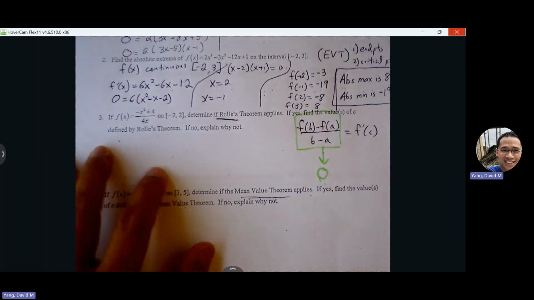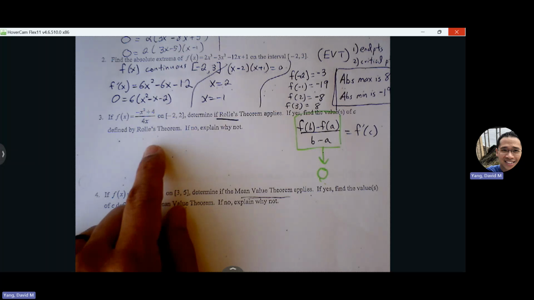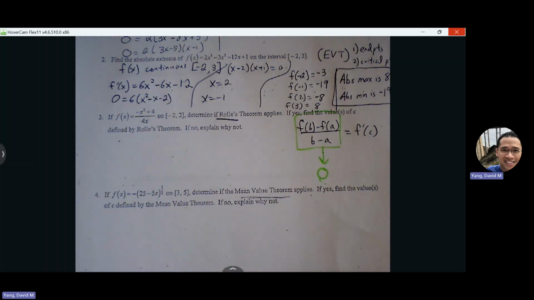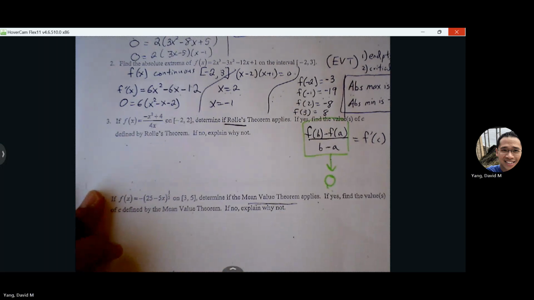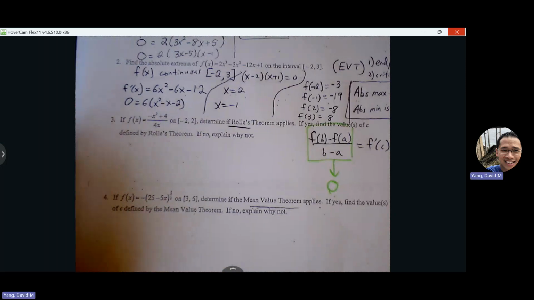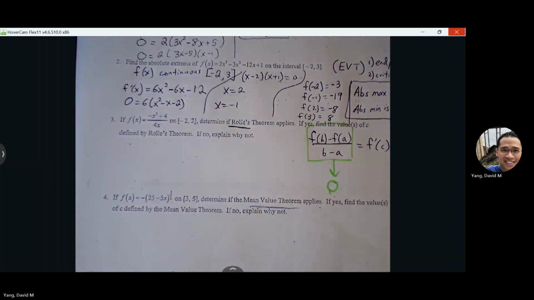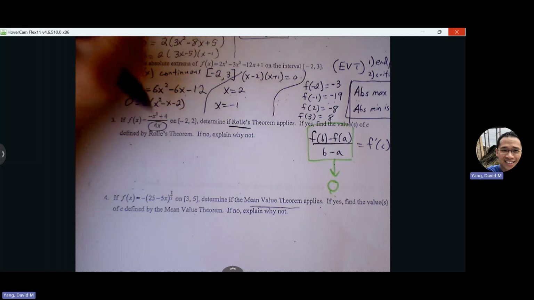All right, so let's consider the first condition, continuity. Is there anything that could disrupt continuity for this function? What do you notice about this function? Yeah, there's a vertical asymptote.